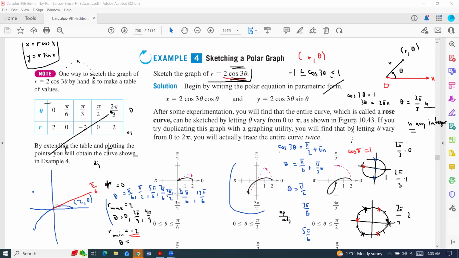So the graph would probably go like that, the petal, and then return back again to the next pole position somewhere at pi over 2, 90 degrees angle. But it's actually going to be negative values of radius. And when radius is negative, then the points need to be reflected. So they're actually going to go like that.